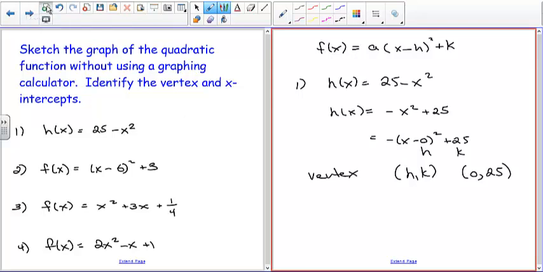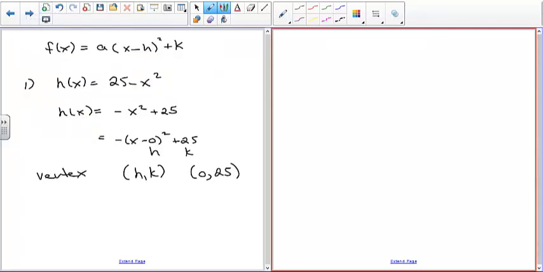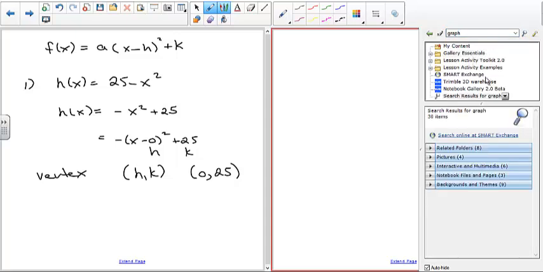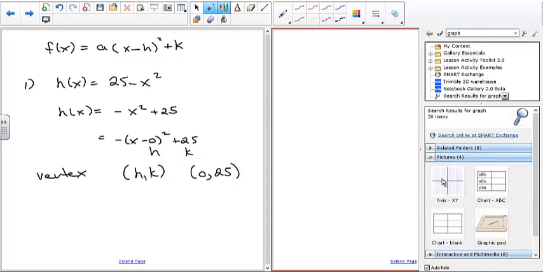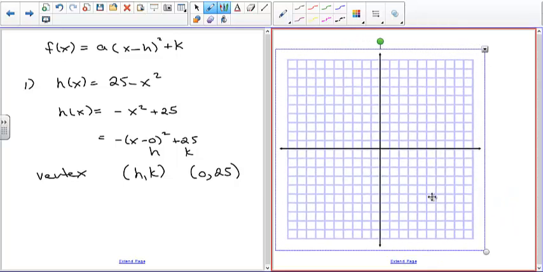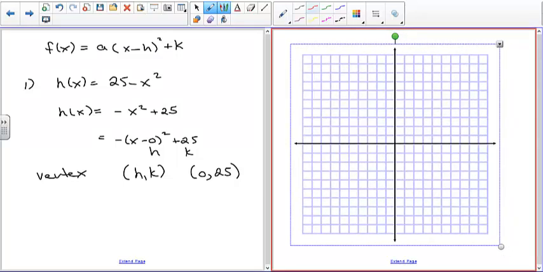One thing we may have to do is change the scale of the graph to fit the function. You basically want to scale it so you can see the most detail of this function. Obviously, if the vertex is going to be at 0, 25, we're going to have to go up at least to 25 here.